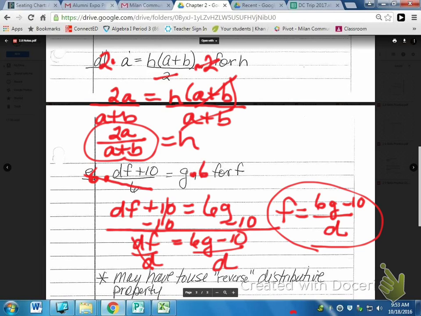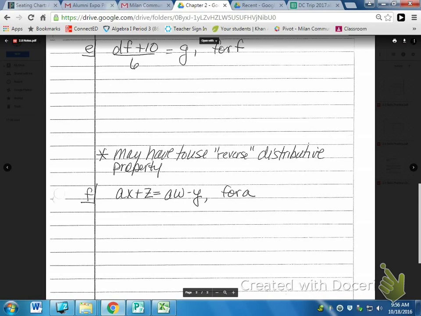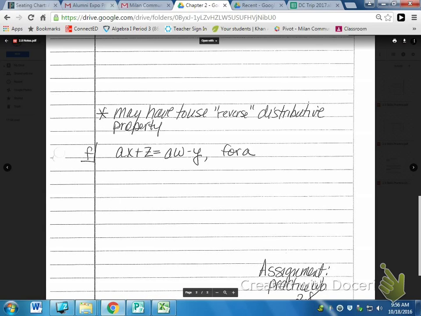Okay. So, again, you're trying to isolate the variable they ask you about. Now, here's the problem. This time, it says you may have to use reverse distributive property. It's really distributive property, but I'm going to call it reverse because most of the time when I talk about distributive property, kids think of taking something outside a parenthesis and multiplying it through, distributing it.